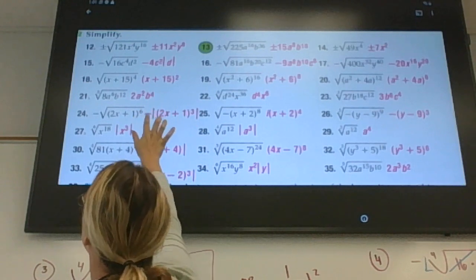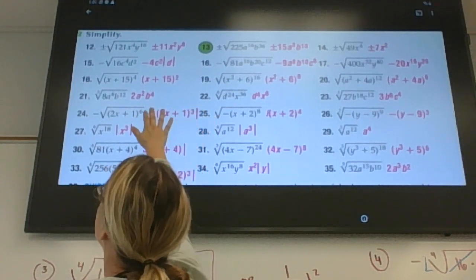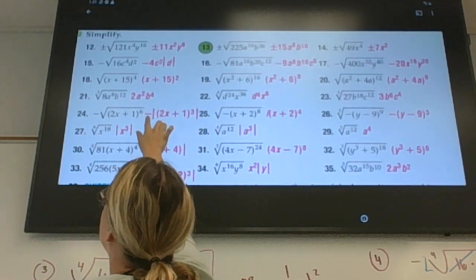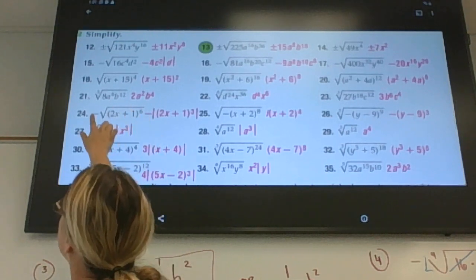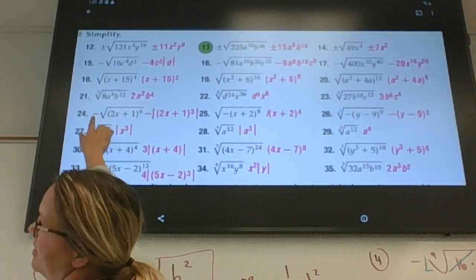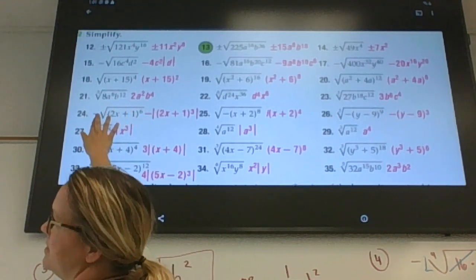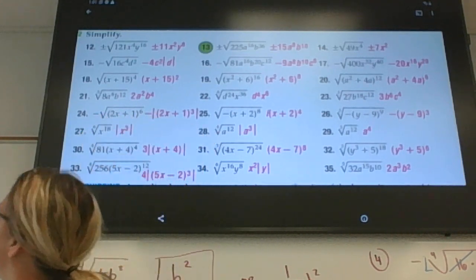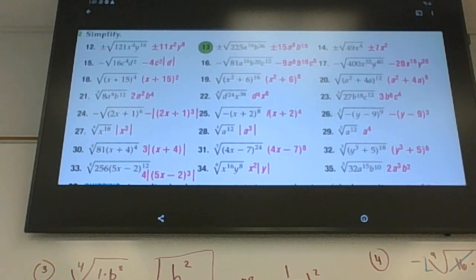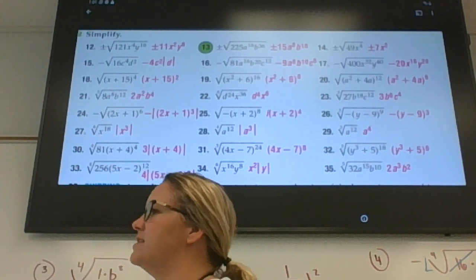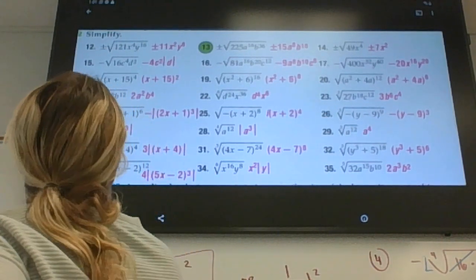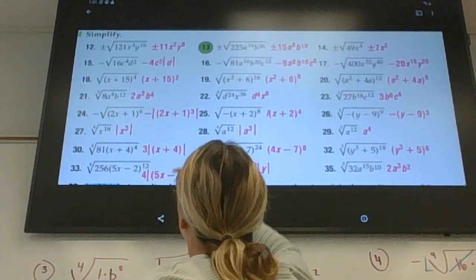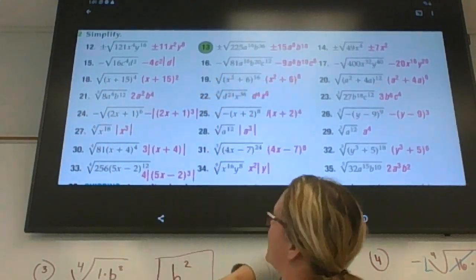But I won't be testing you on these absolute value bars. The negative has to be there because the negative is out front. It has to do with the even root and even power, not the negative at all. It's not connected to the negative. Like here's a negative, number 16 is a negative with no bars.